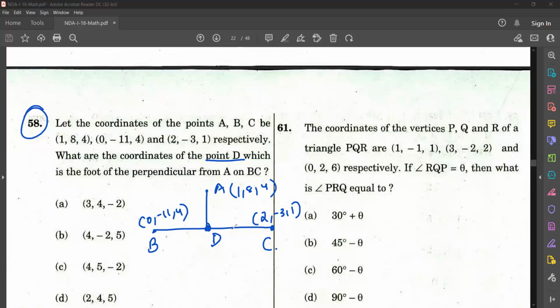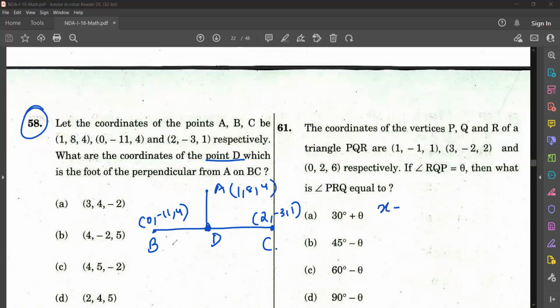So how to do this? First of all, we write the equation of BC, isn't it? How would you write the equation of BC?